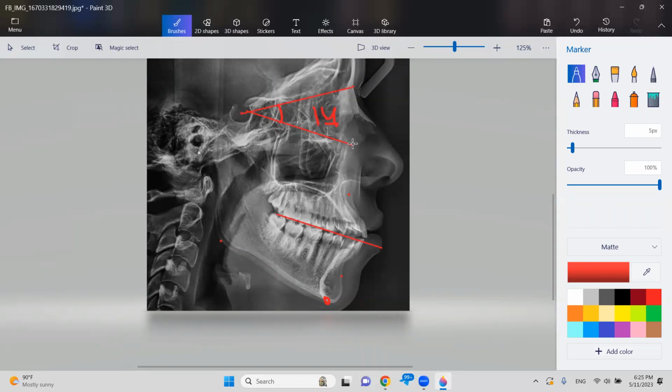If this angle is more than 14, that means that the occlusal plane is rotated clockwise, and we call it a steep occlusal plane. If it's less than 14, that means that the occlusal plane is rotated counterclockwise, and it's called flat occlusal plane. And in normal cases, it should be 14 degrees.